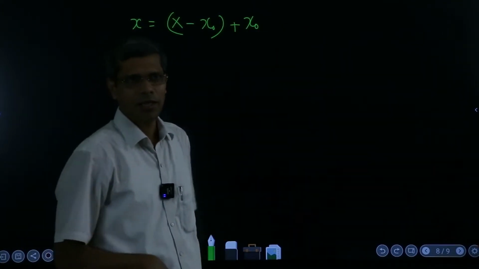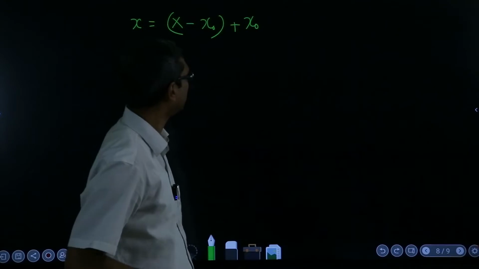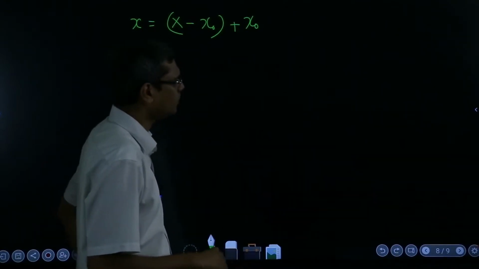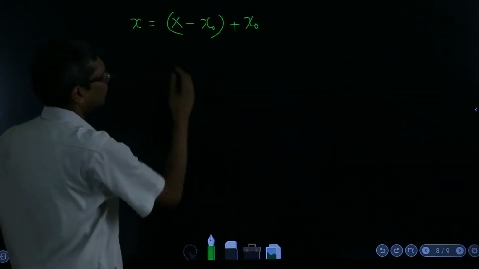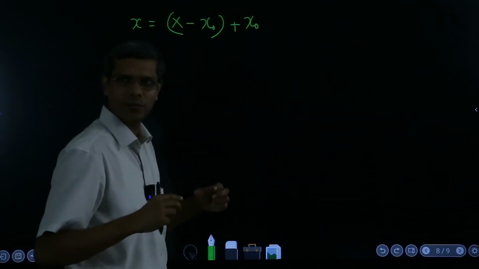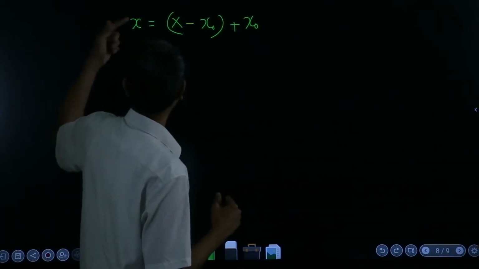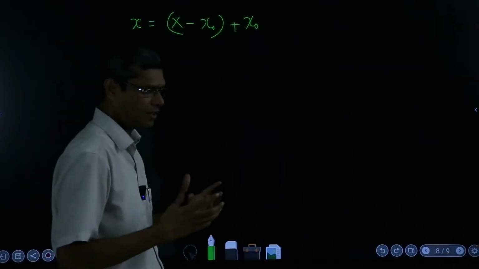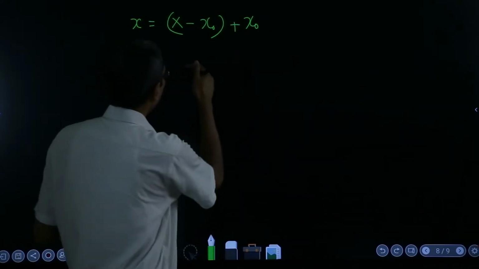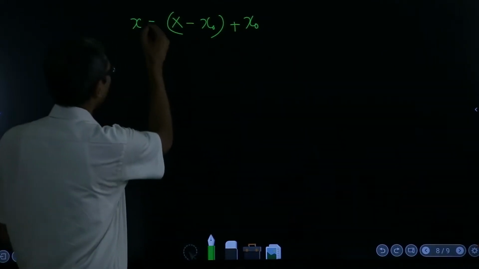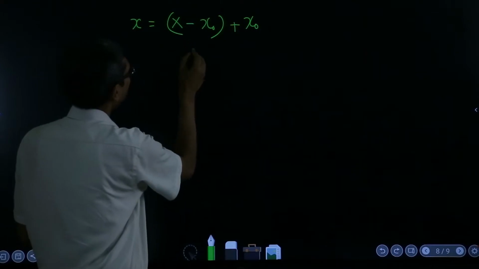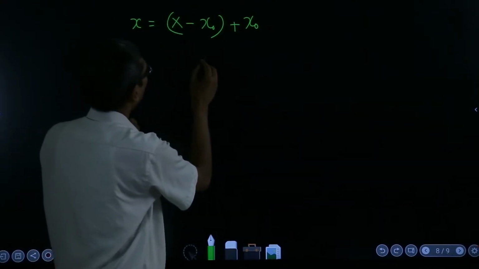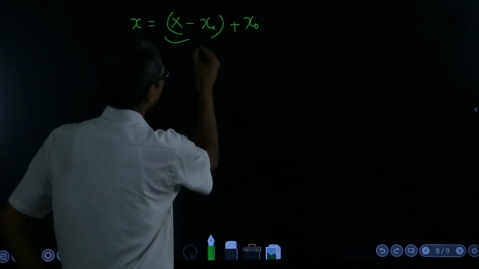Now, what is the meaning of this? It is basically the English sentence which I said: who is sitting at x at time t means whose displacement is, see, this is the displacement.